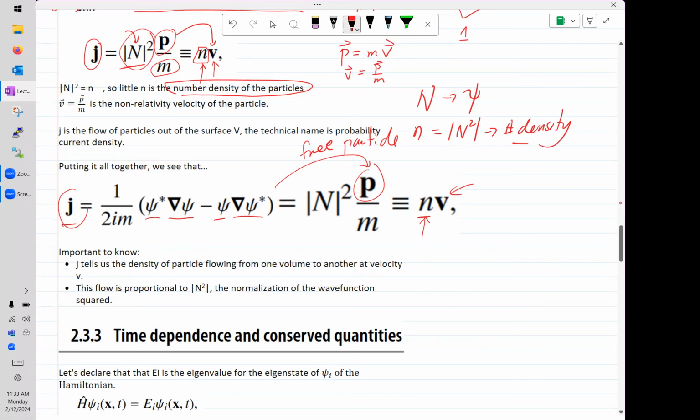The important thing to know is that this current is telling us the density of particles flowing from one volume to another.